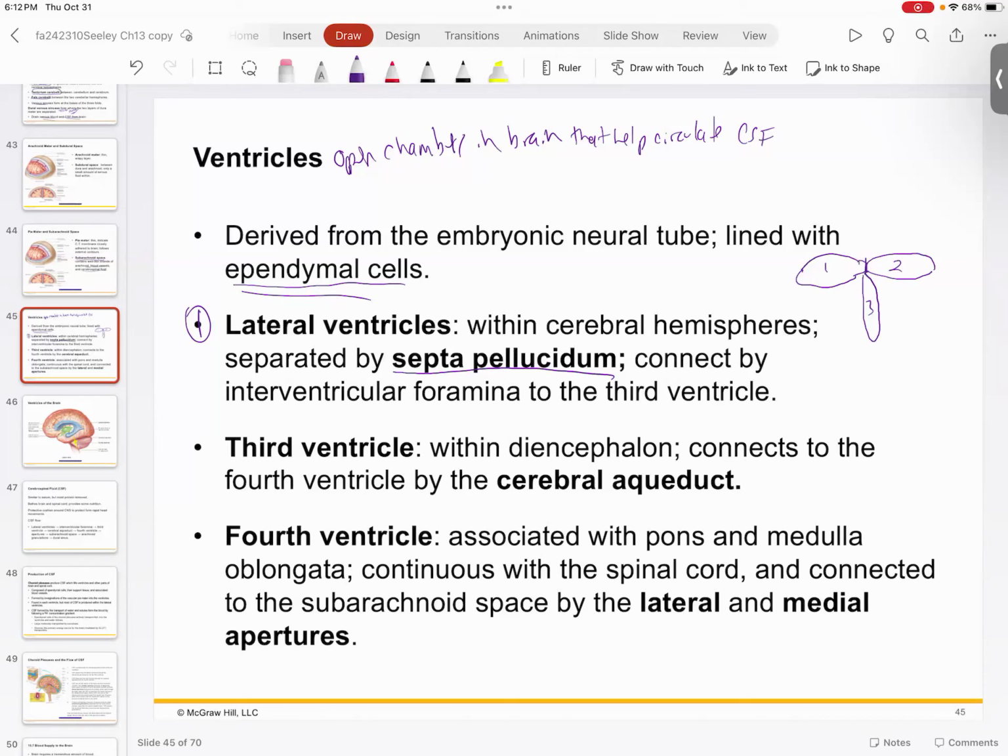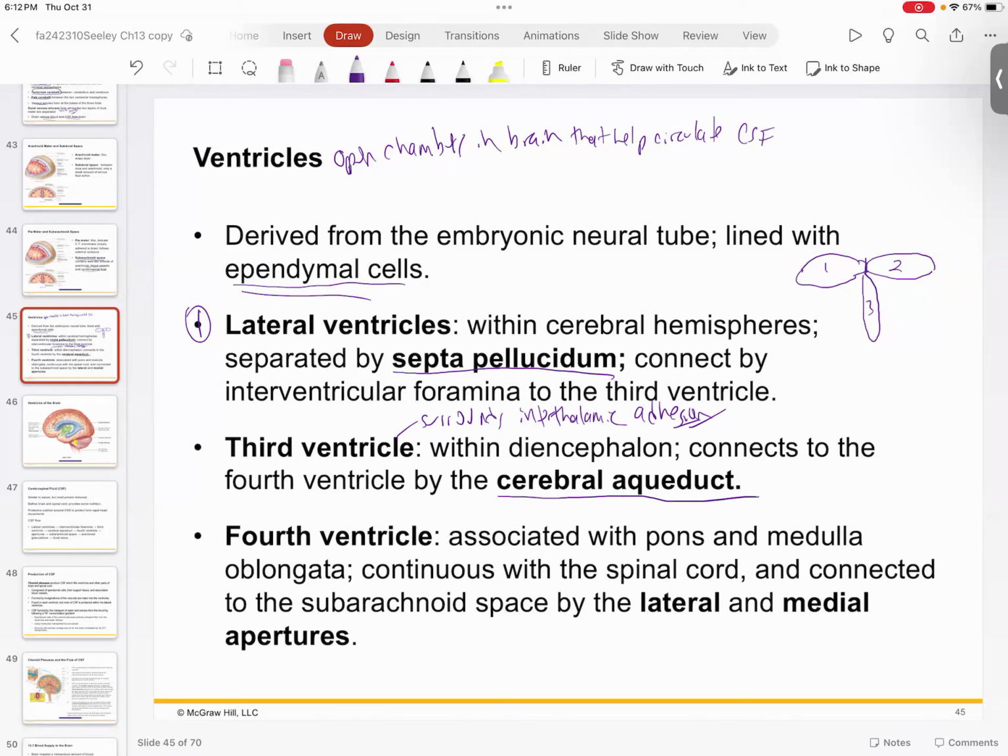Typically, that dips into the diencephalon. Remember, we said that it surrounds the interthalamic adhesion. And then we'll connect to the fourth ventricle by way of the cerebral aqueduct.